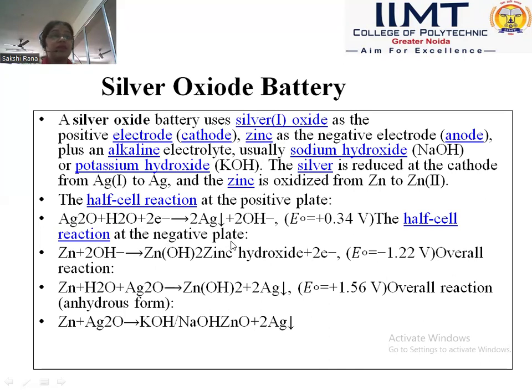The reaction at the negative plate: Zn plus 2OH- gives zinc hydroxide plus 2 electrons. The overall reaction: Zn plus H2O plus Ag2O gives Zn(OH)2 plus 2Ag, and in anhydrous form, zinc plus silver oxide with KOH or NaOH gives zinc oxide plus 2Ag.